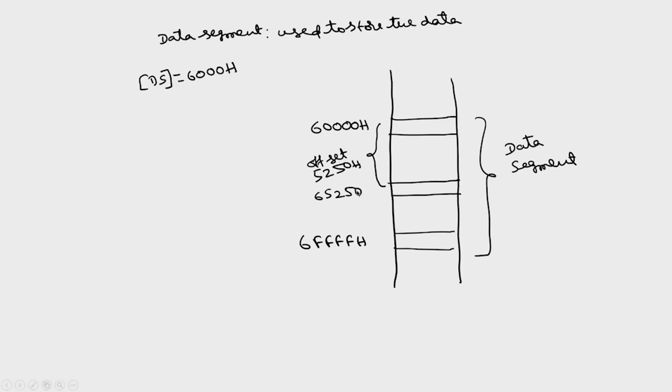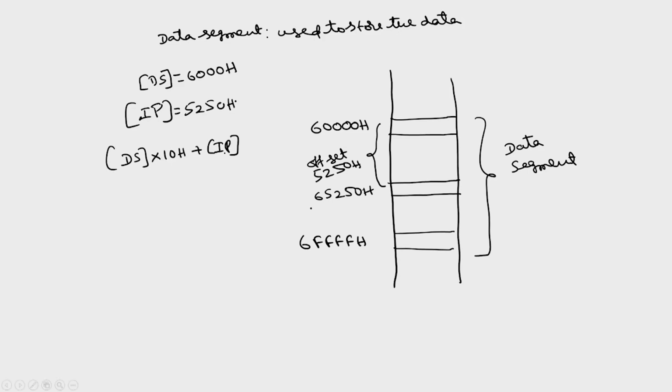The difference is called the offset, and that offset will be held by the instruction pointer. So now if you want to compute the physical address, the same information applies: data segment into 10H plus the contents of the instruction pointer.